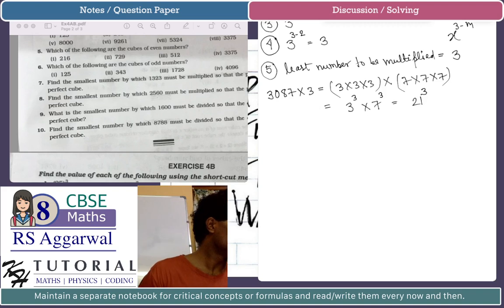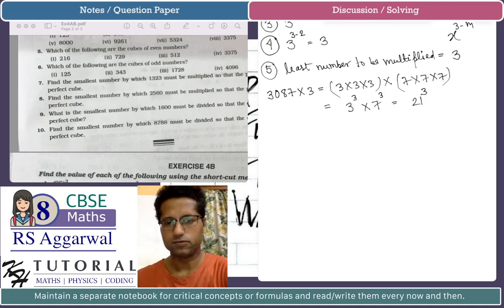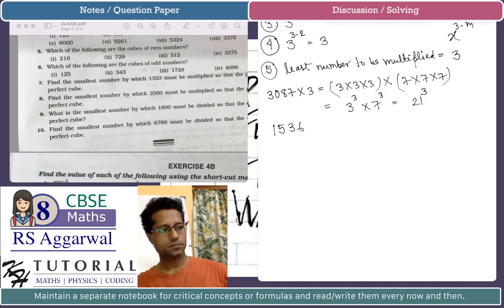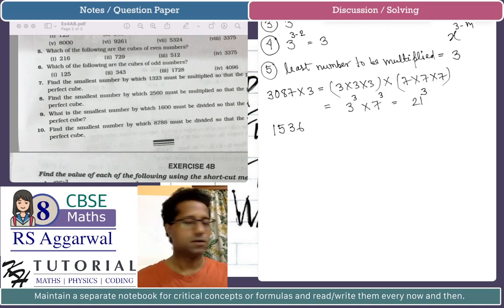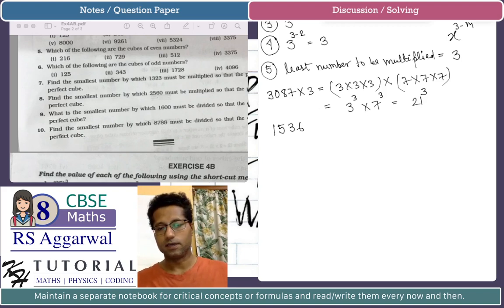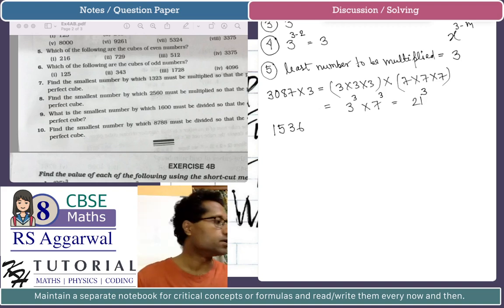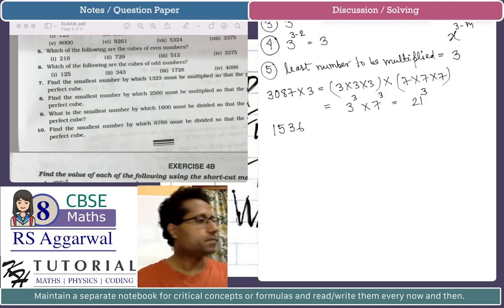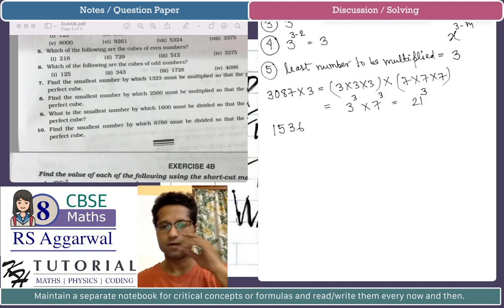Okay, let's see, 1536. 1536 is the given number, and we have to find the least number by which we should divide 1536 to make it a perfect cube. So the problem statement says: by what least number should 1536 be divided to get a perfect cube?